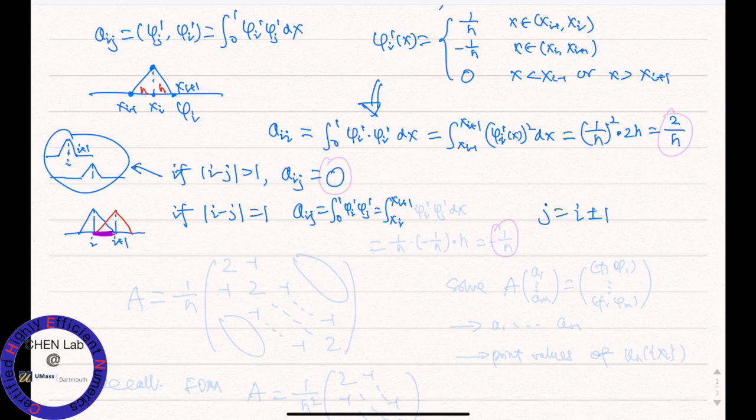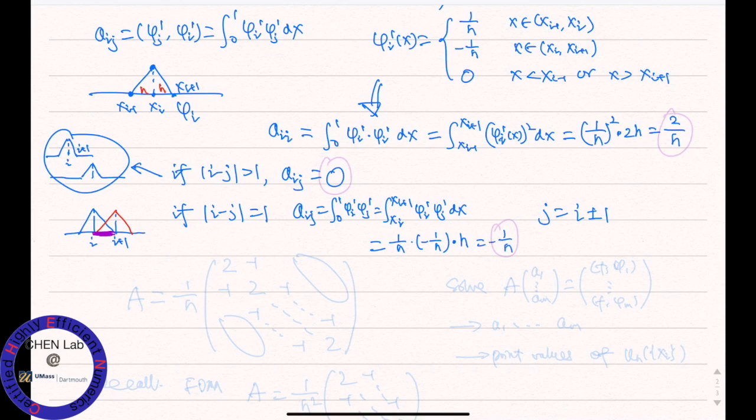So it's easy to see. It's the integral of phi_i prime times phi_j prime dx, and on that common interval you always have opposite signs. One is 1 over h, the other must be negative 1 over h. So this is the function value times the width, which is not 2h but h, and you get negative 1 over h.